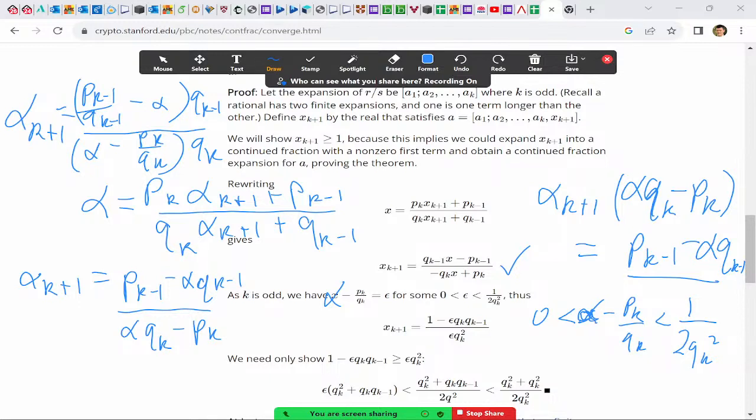So alpha minus that is the epsilon. So it's epsilon q_k down the bottom, yeah? And then there's some kind of 1 minus thing at the top. How do they get that at the top?